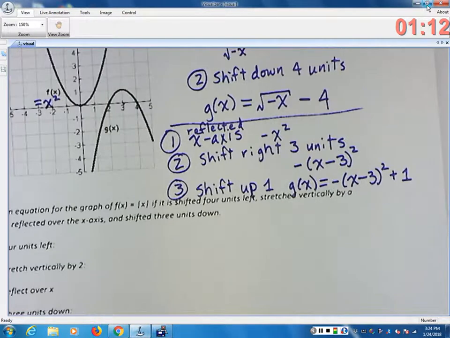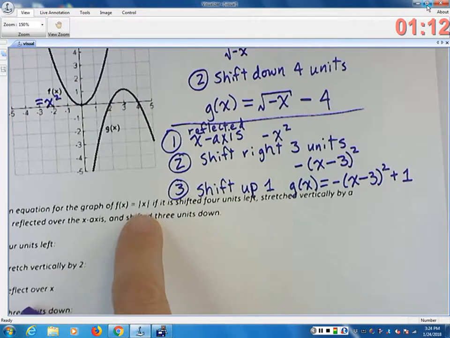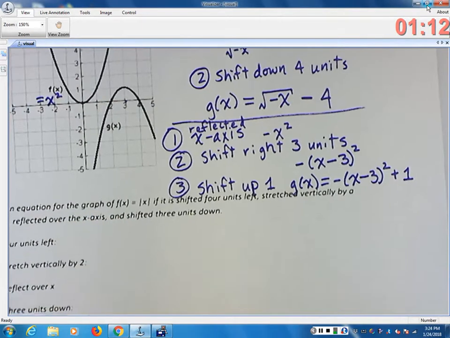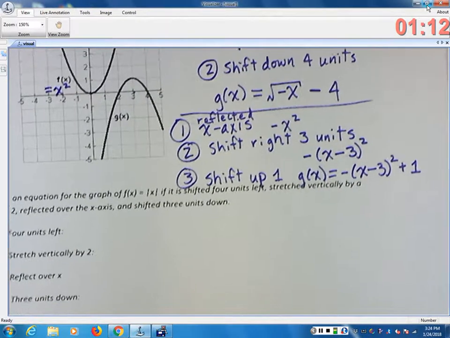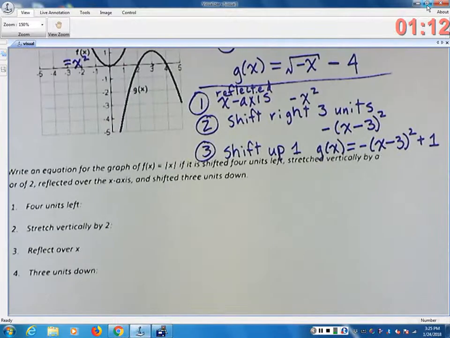So the very last thing is the last slide has you do this. You've got the absolute value of x, write an equation for the graph as you do these things. Three units down, but we should have done the reflection first.